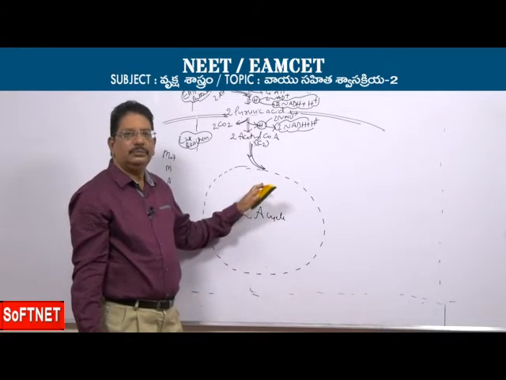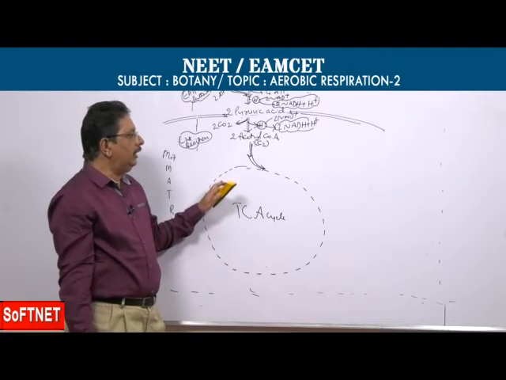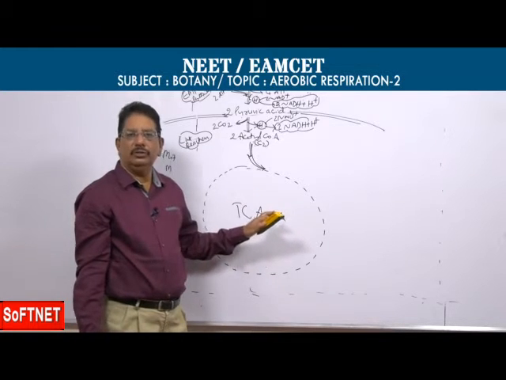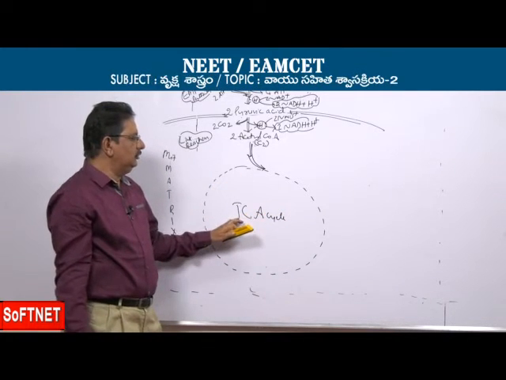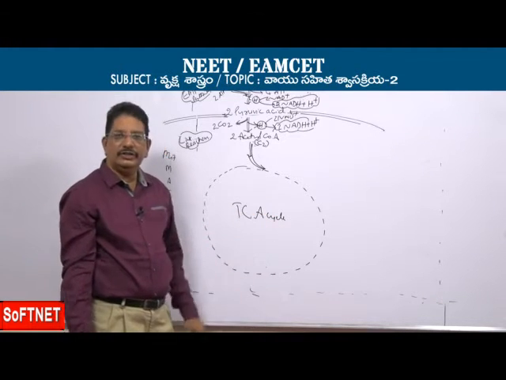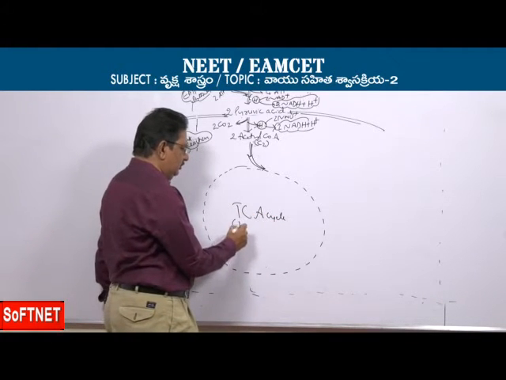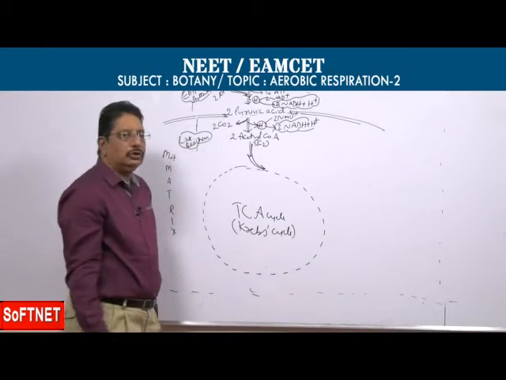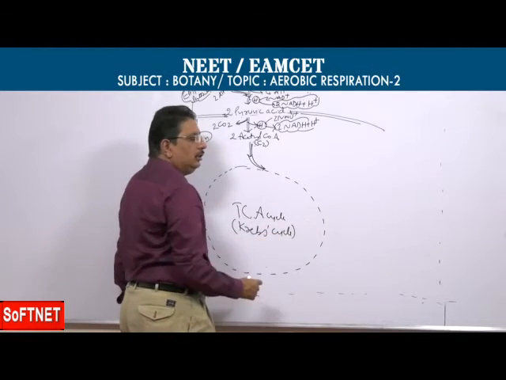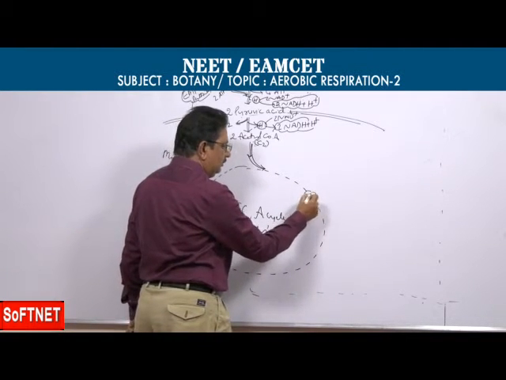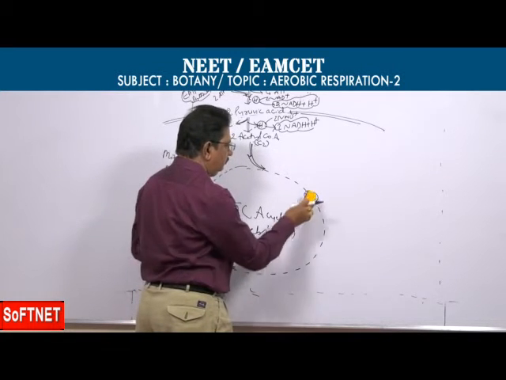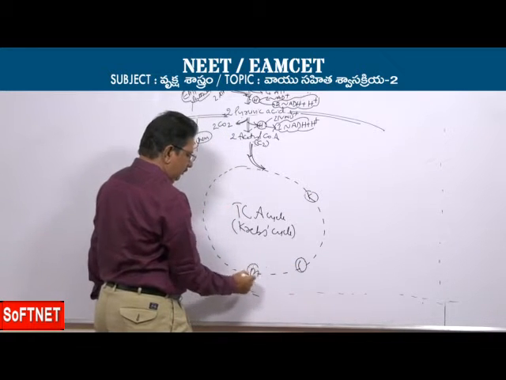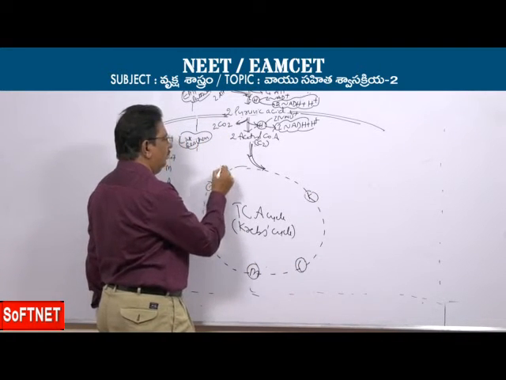So, that cyclic pathway of complete breakdown of acetyl coenzyme A to release CO2 and water is called tricarboxylic acid cycle, otherwise called Krebs cycle. During which a number of compounds are formed, say K, L, M, N, O, P, like that.